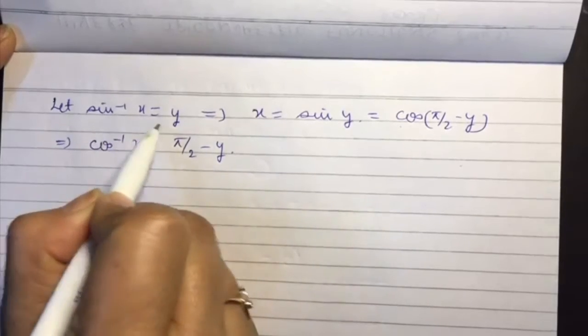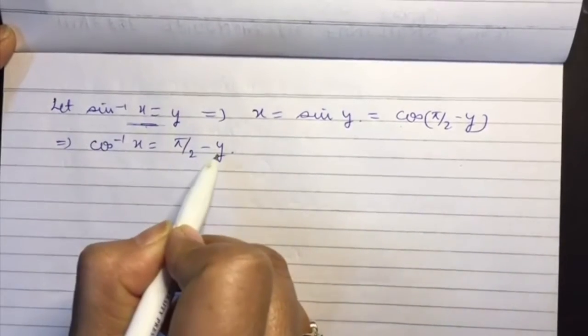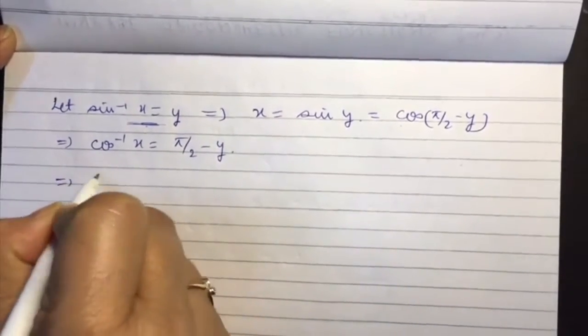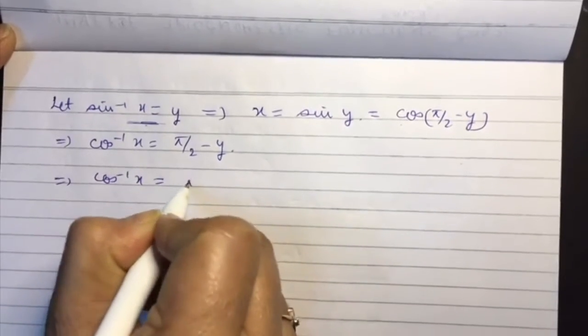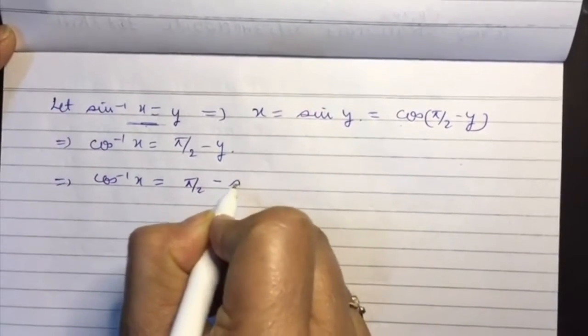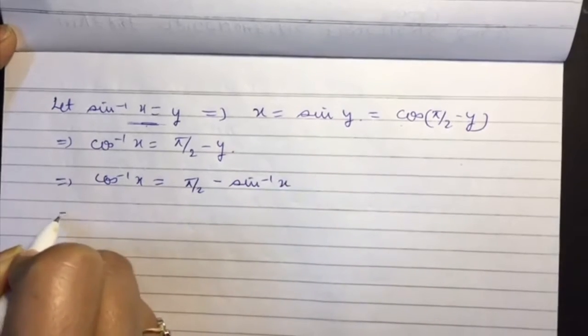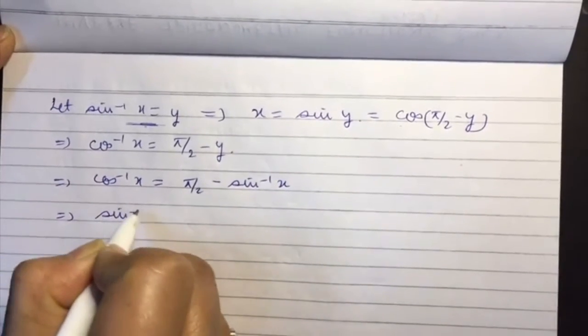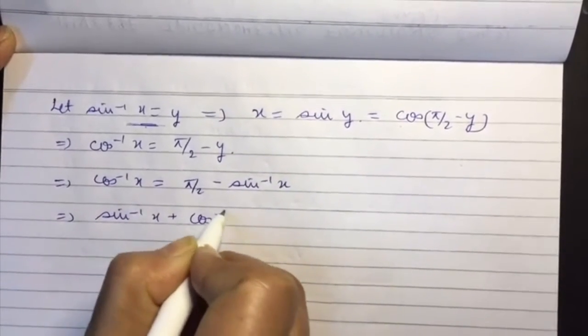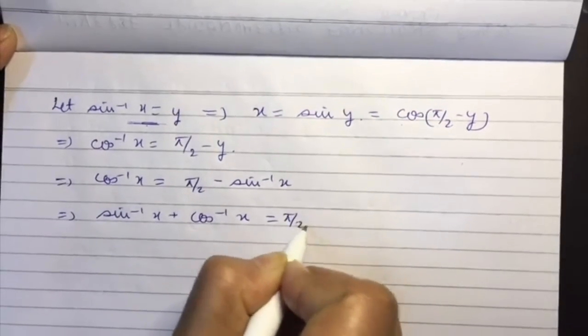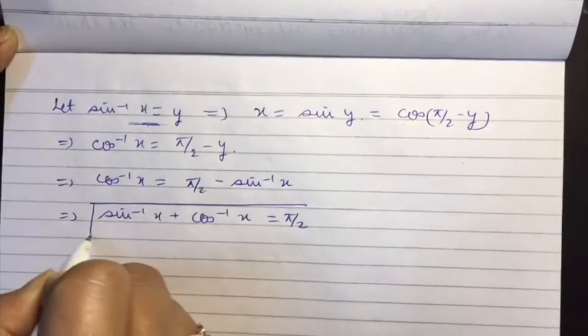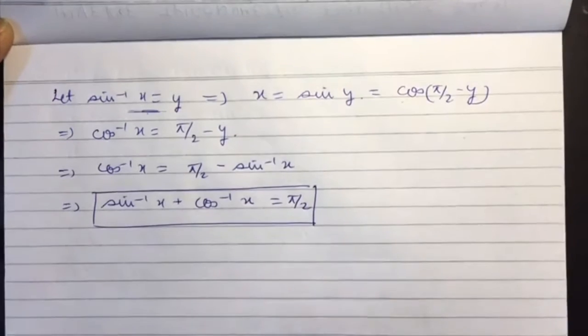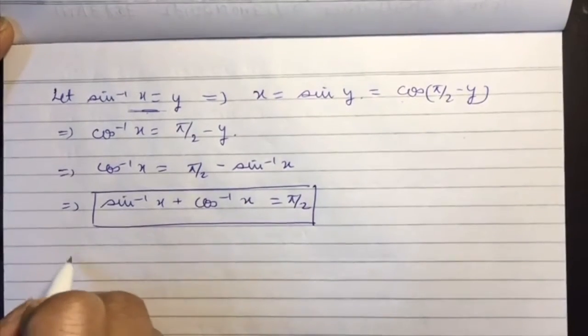Substituting the value of y from here to here, we get cos inverse x is equal to pi by 2 minus sine inverse x, which gives us sine inverse x plus cos inverse x is equal to pi by 2.